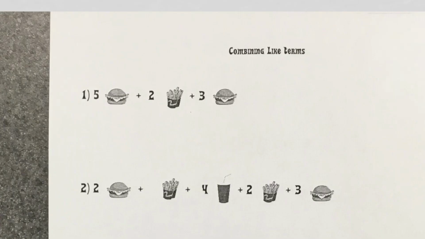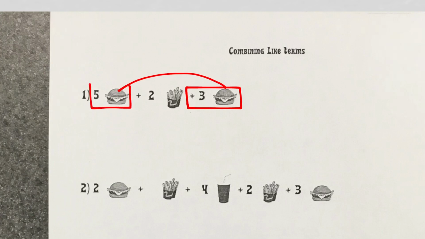Okay, what do you notice about number 1? What do you notice? Just shout it out. Okay, so I have 2 orders of burgers and 1 order of fries, right? So what can I combine there? Burgers. I'm going to combine these burgers together. Now, this has a plus in front of it, so I want you to box that. Okay, and then I want you to box the 5 burgers.